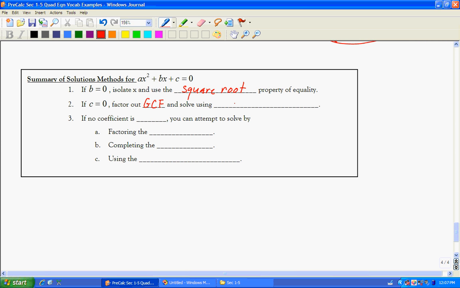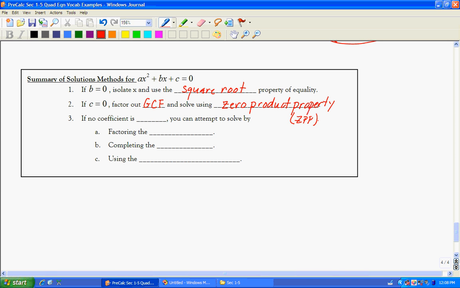And then we can solve using the zero product property. I always like to abbreviate that ZPP. It's kind of long to say and to write, so if you ever hear me say ZPP, zero product property.